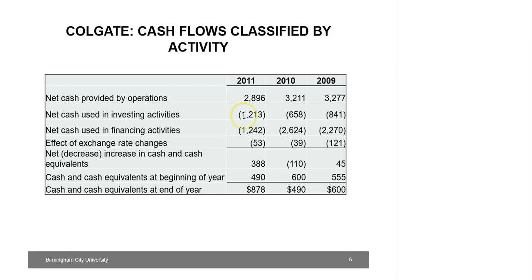We see that investing activities and financing activities are consistently consuming cash throughout the 3 years. This is consistent with a mature company like Colgate, where it has positive cash flows that are relatively stable over time.